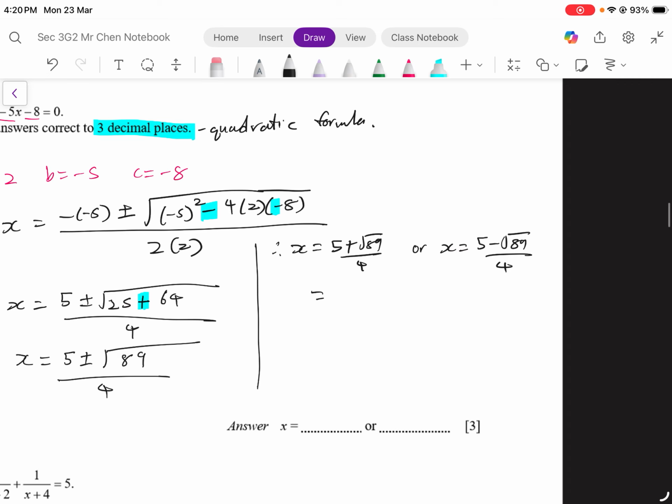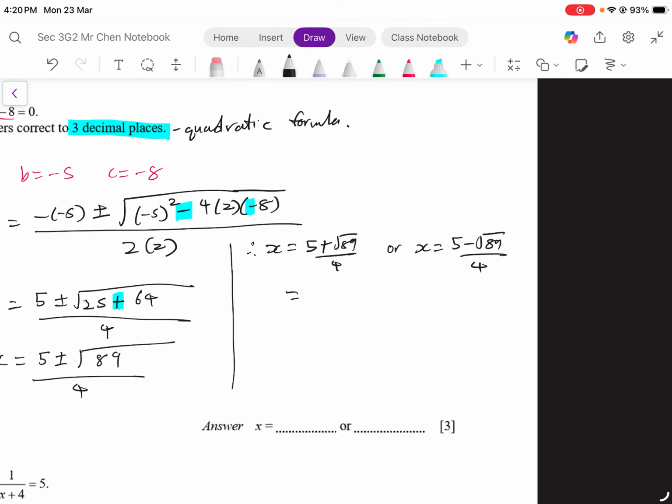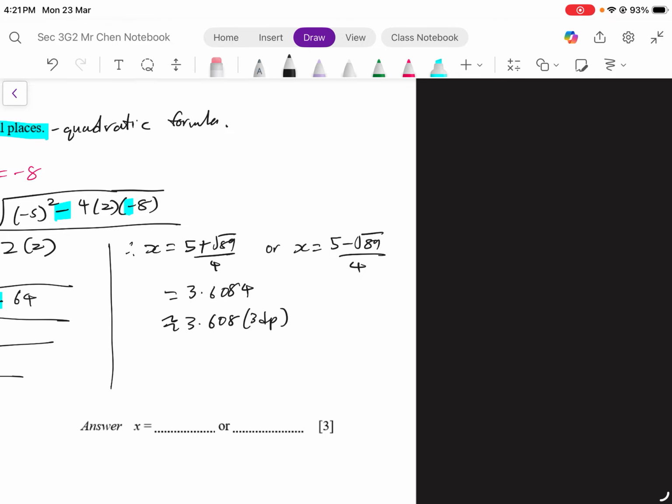One of it should be 3.6084, because you want it to 3 decimal places. Right, 3 dp. Or minus 1.1084, 3 dp.